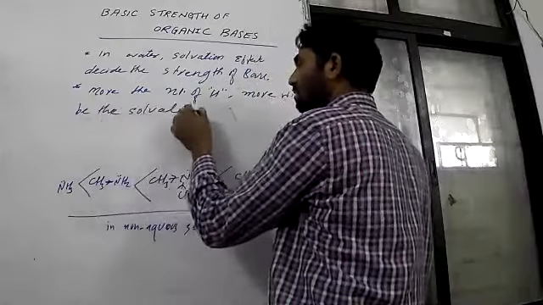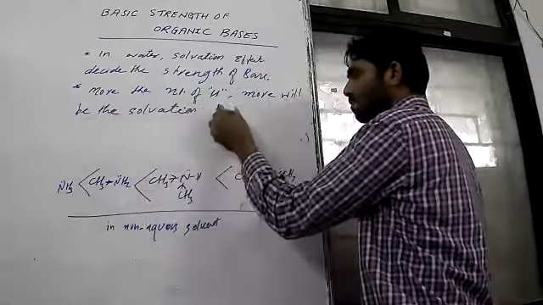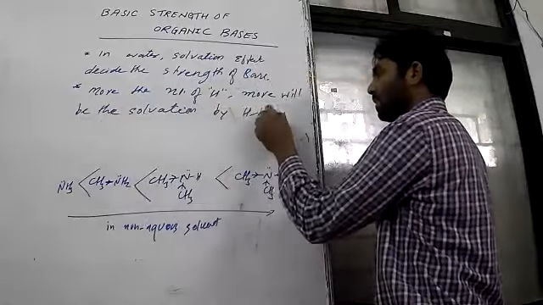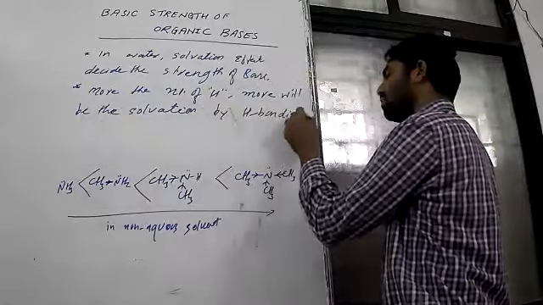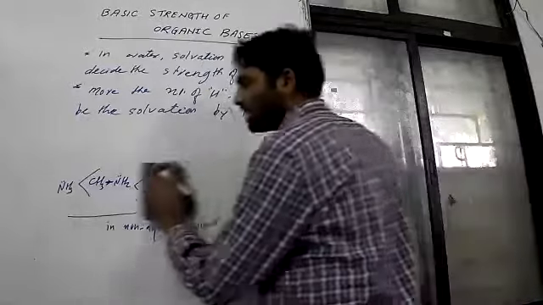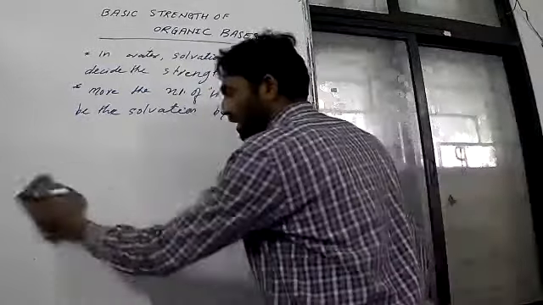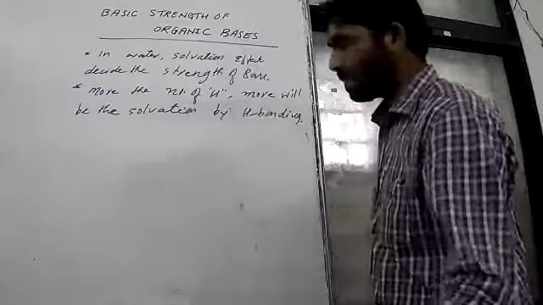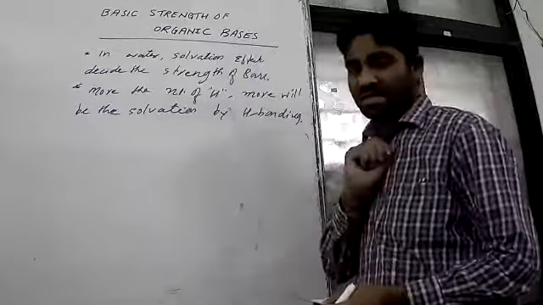What is solvation? Hydrogen bonding: as the number of hydrogen bonds increases, that is called solvation. Solvation increases, and you will get the best stabilized ion.